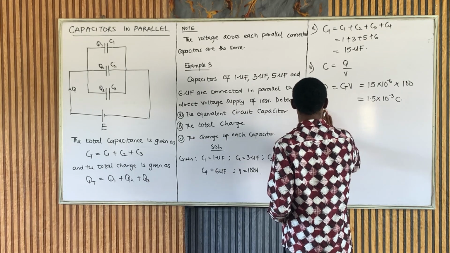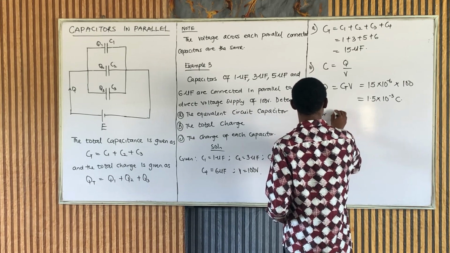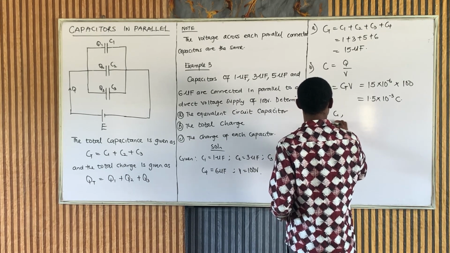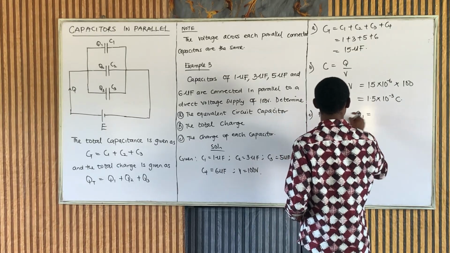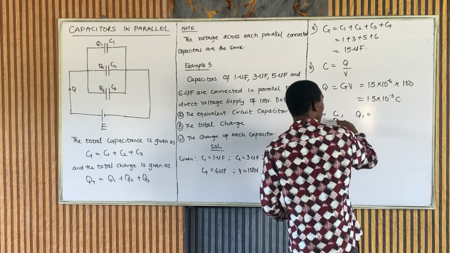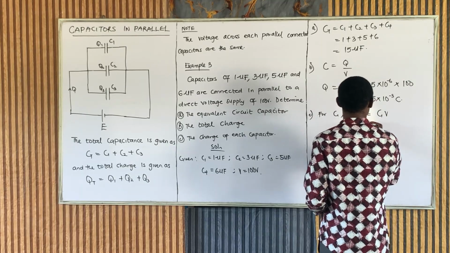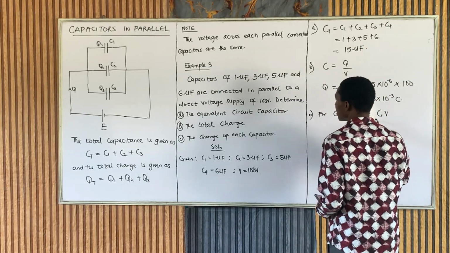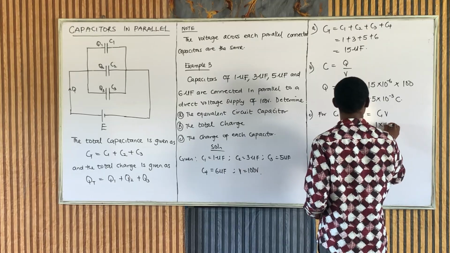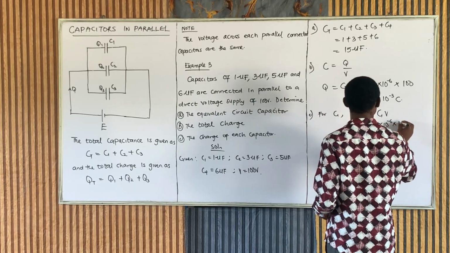Let's take for C1, we have that Q1 will be equal to C1 times V. Our C1 is given as 1 times 10 raised to the power minus 6, then times 100.